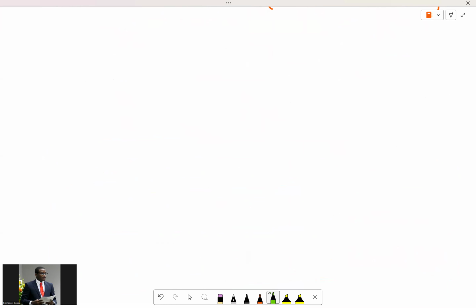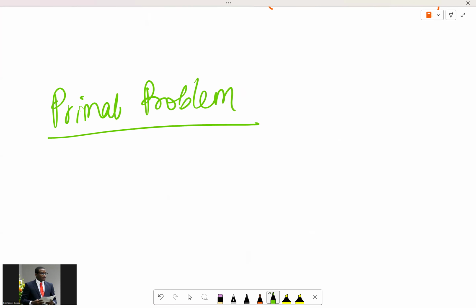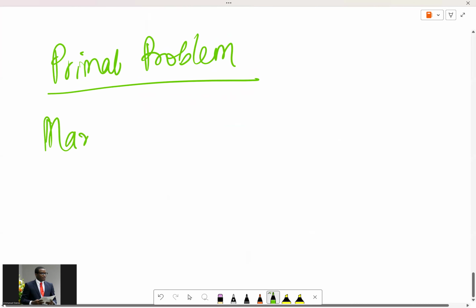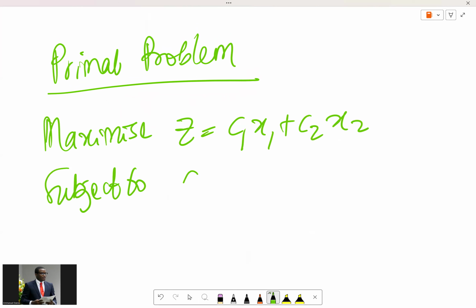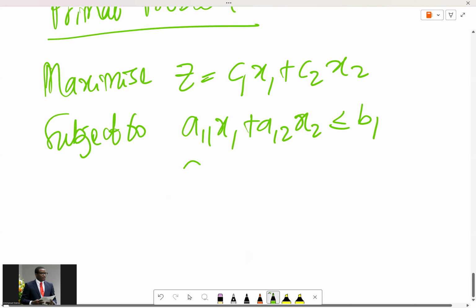So imagine this primal problem, which is to maximize z equals c1x1 plus c2x2 subject to a11x1 plus a12x2 less than or equal to b1, and then a21x1 plus a22x2 equal to b2.